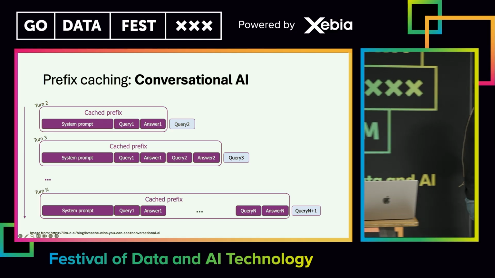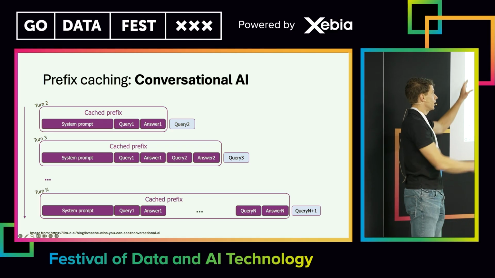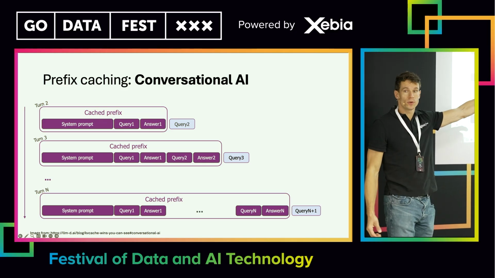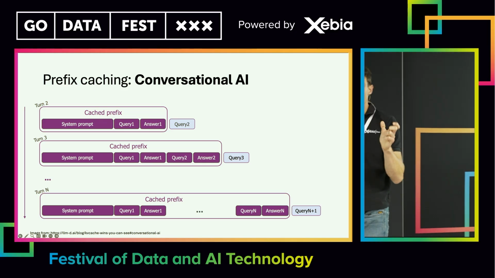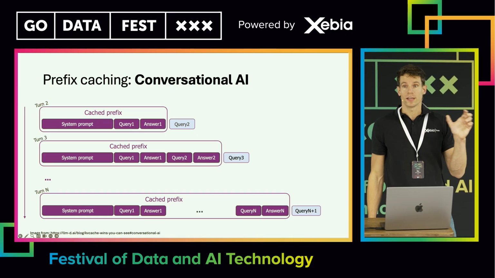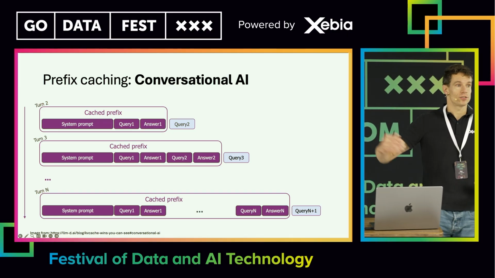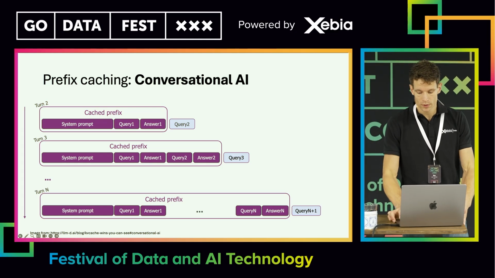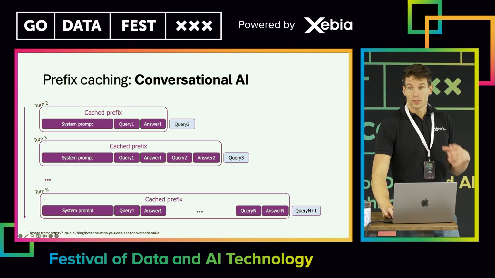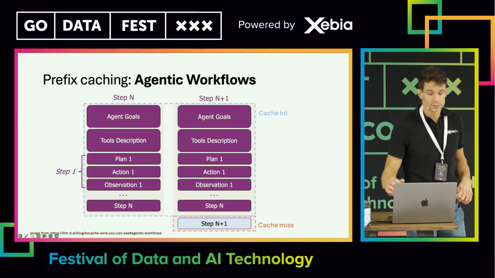We first have the system prompt and a question, and if we cache that, then after that, we only need to do the computation, the quadratic part, only on the query 2 that we get, the thing that we don't have in the cache yet. And we can build out the cache as we go.